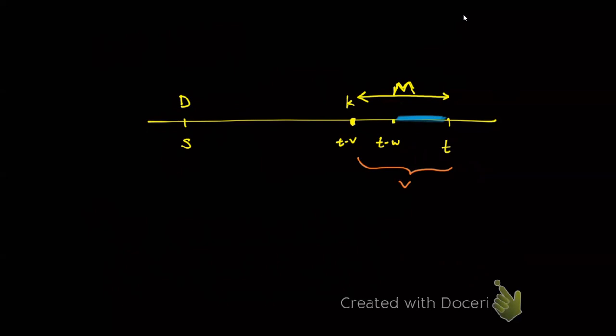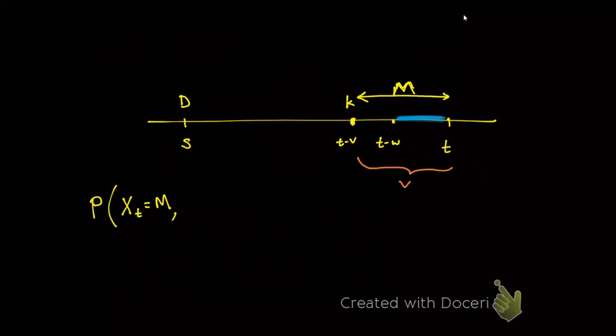So the probability that we are looking for is, what is the probability that our life is married at time T, so X_T is the married state, and we've been in that state for at least W time units.